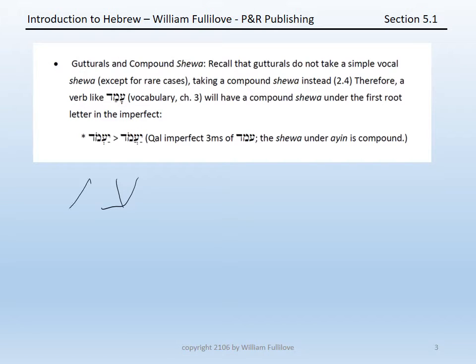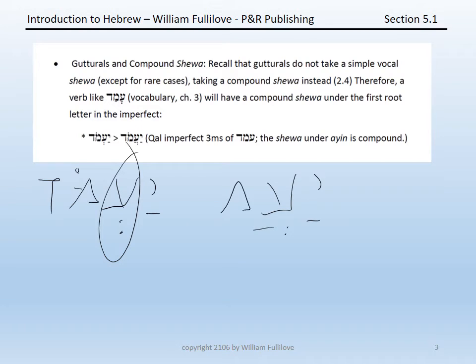The verb amad from chapter 3 with a prefix would become not yamod, but in fact the guttural resists the simple schwa, and the form we get is ya-amod.